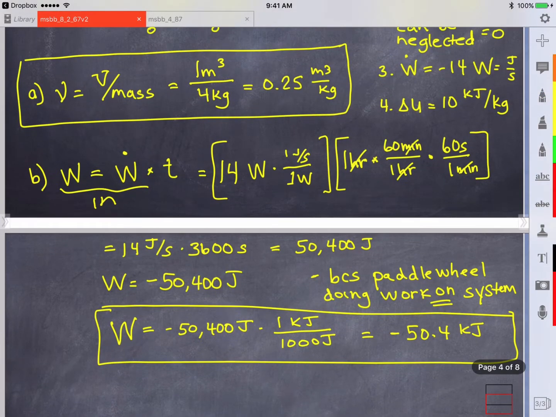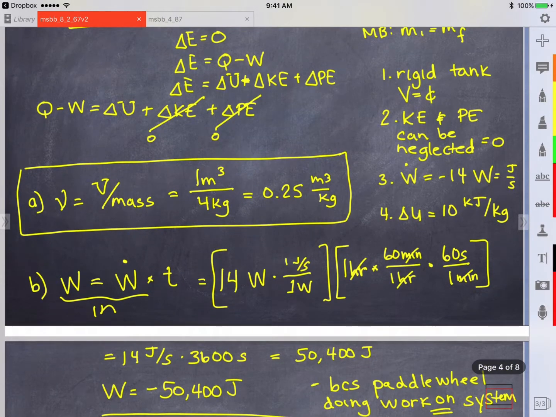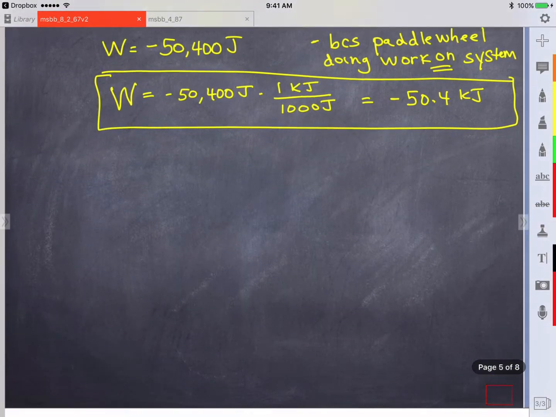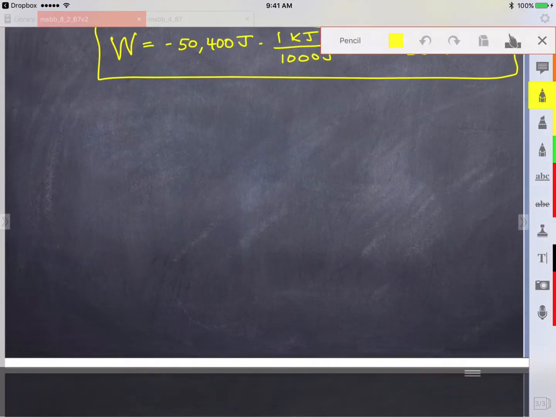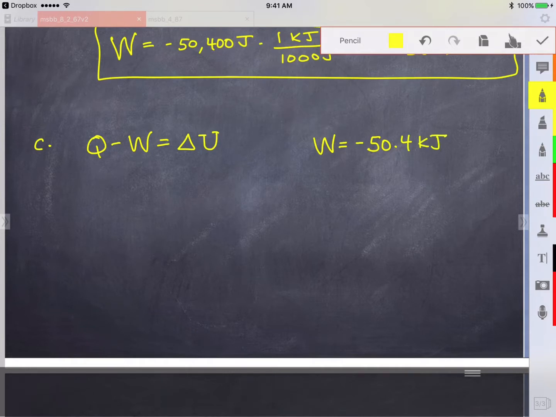Now the third thing we're asked to find is the heat transfer energy and what the direction is. And we've already got this governing equation. So let's write that again. Part C, we know that Q minus W, which we've solved for, equals delta U. We know that W work equals minus 50.4 kilojoules.